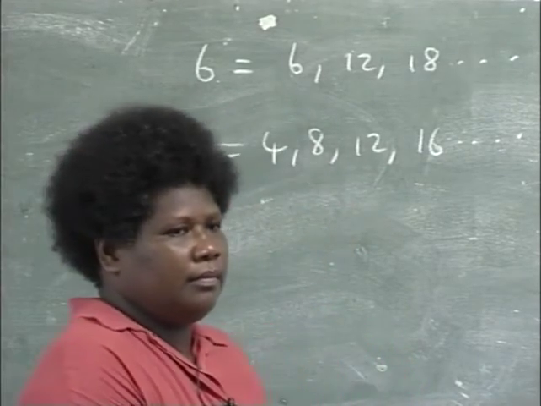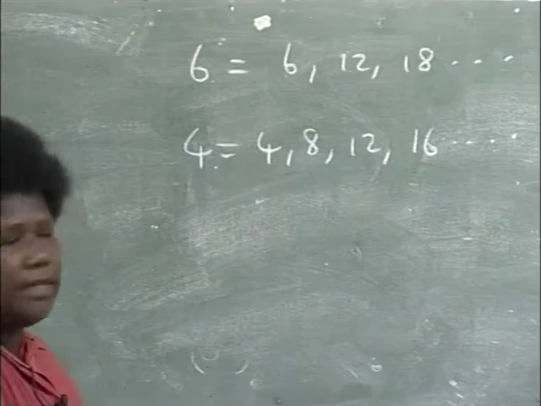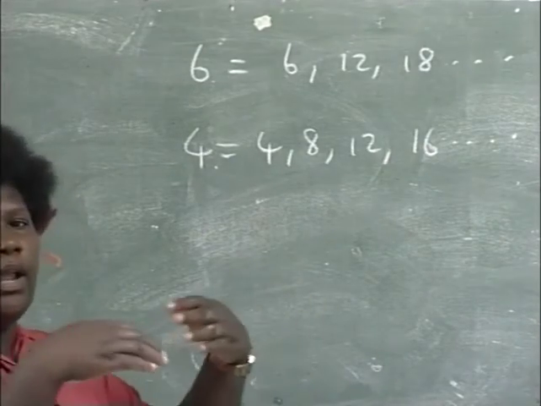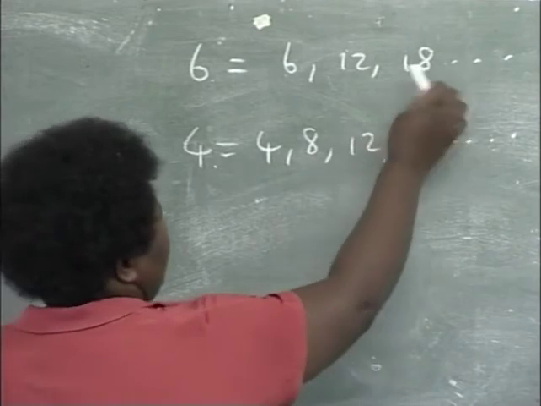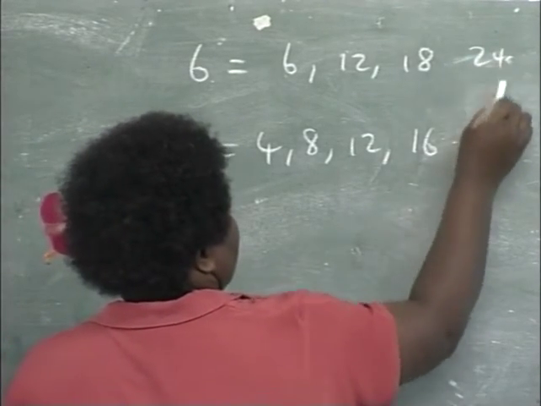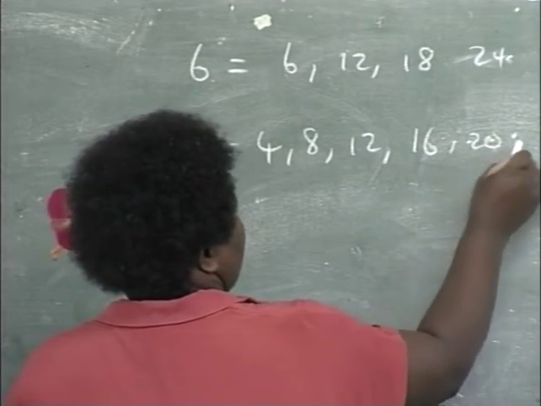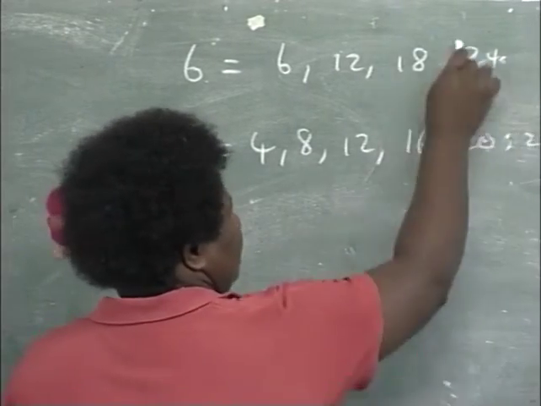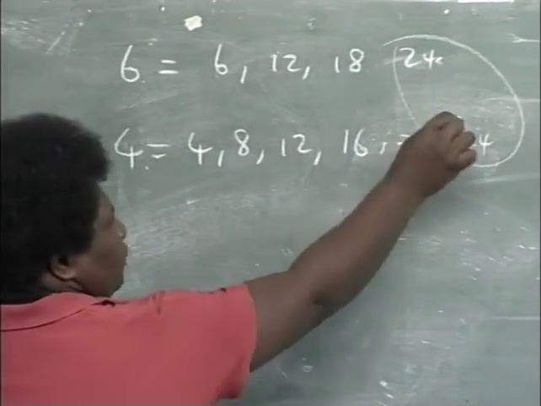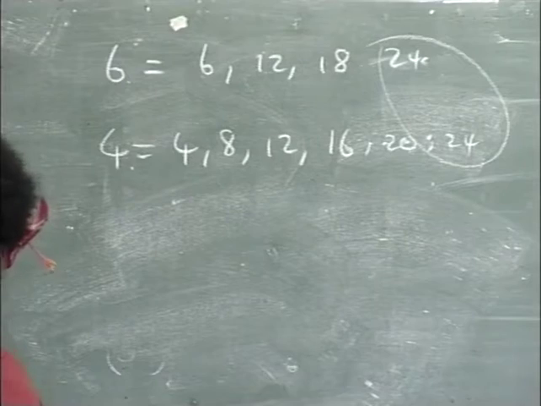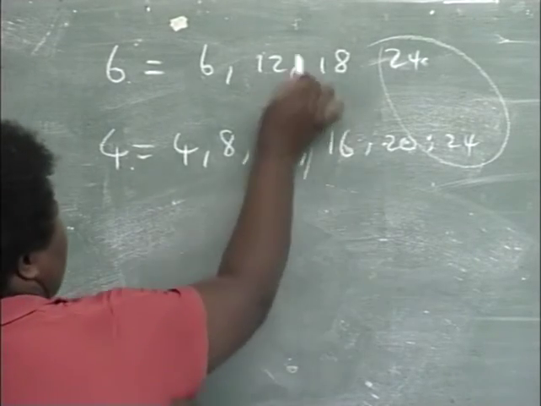You find the multiple that is common to both numbers. Yes. And it has to be the lowest one. Like here, the next one is going to be 24. This one is going to be 20 and then 24. It can't be 24 because 24 is not the lowest multiple that's common to both. It has to be 12.